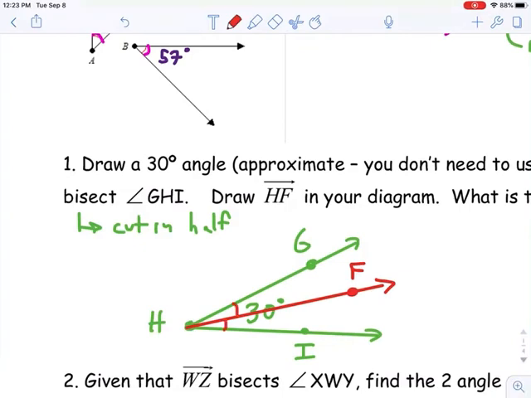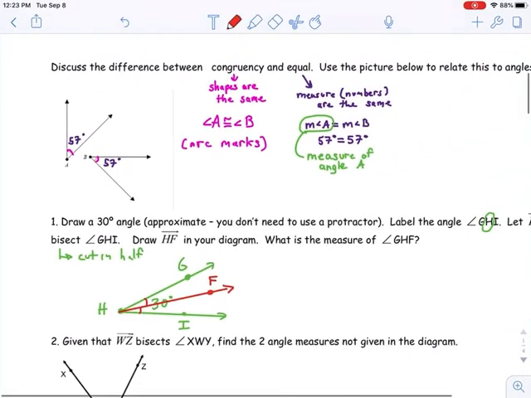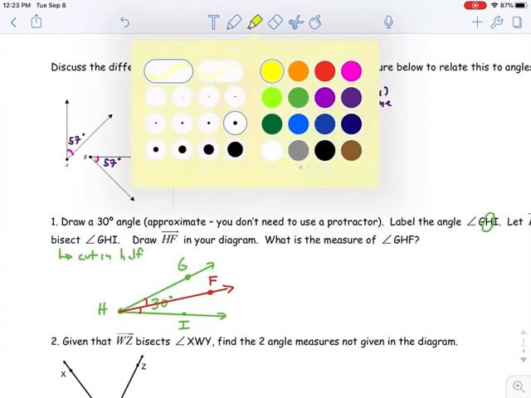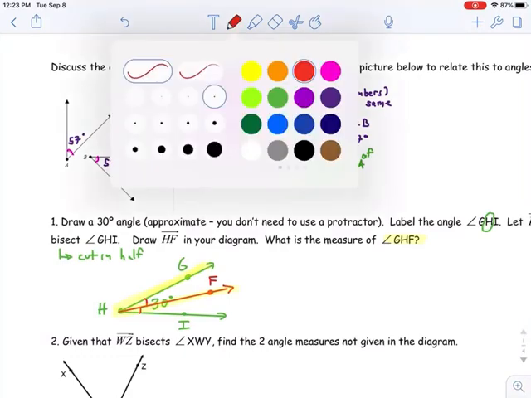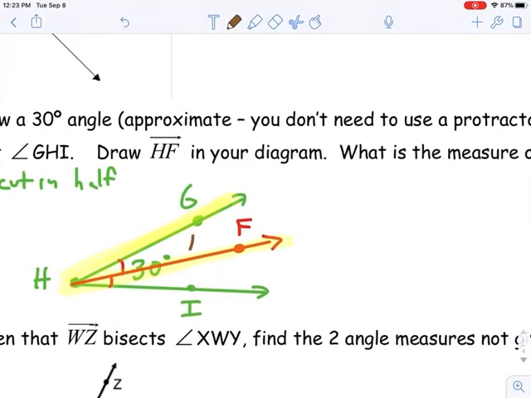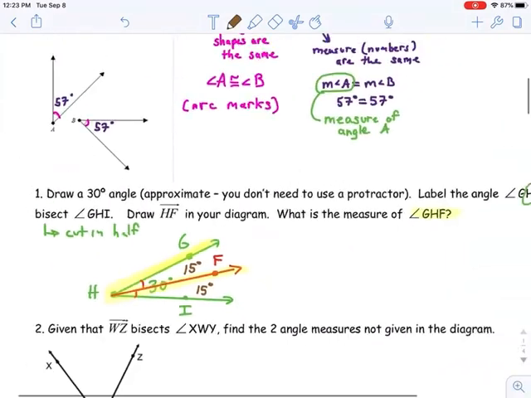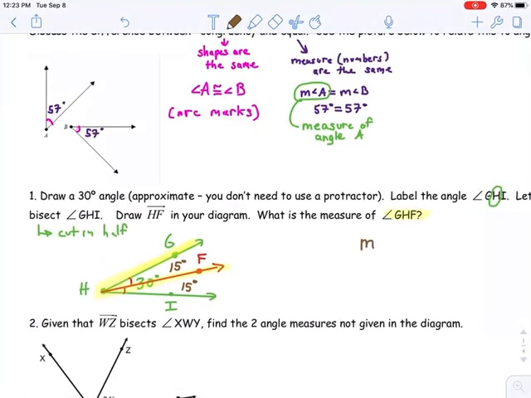Since I put these arc marks, I did. You have to believe it. Now it says, what is the measure of GHF? So it's saying, what is this angle measure? The whole thing's 30. I cut it in half, so it's 15 degrees, because that's also 15 degrees. So I can say the measure of angle GHF equals 15 degrees. Nice.